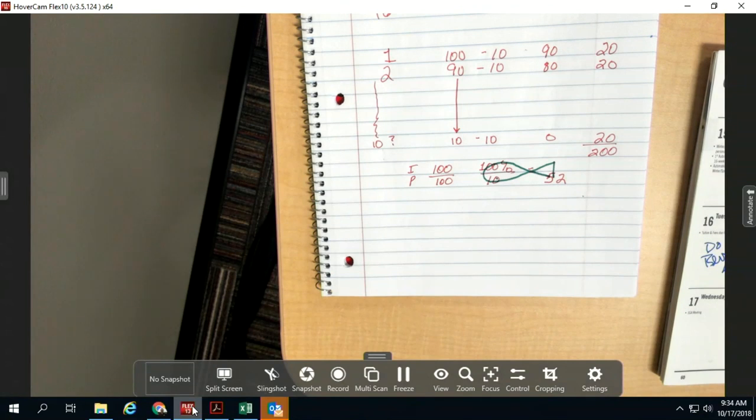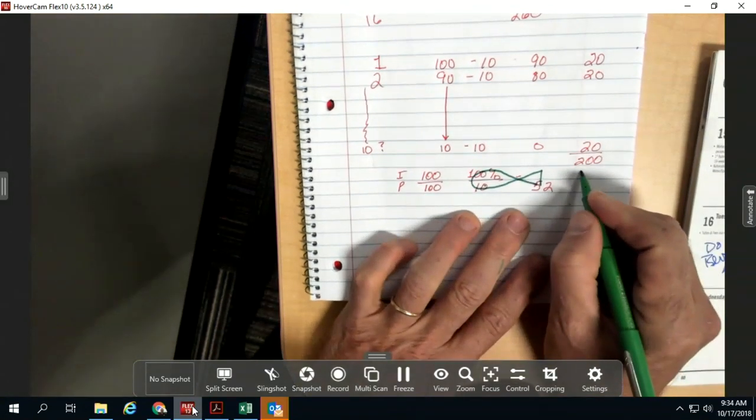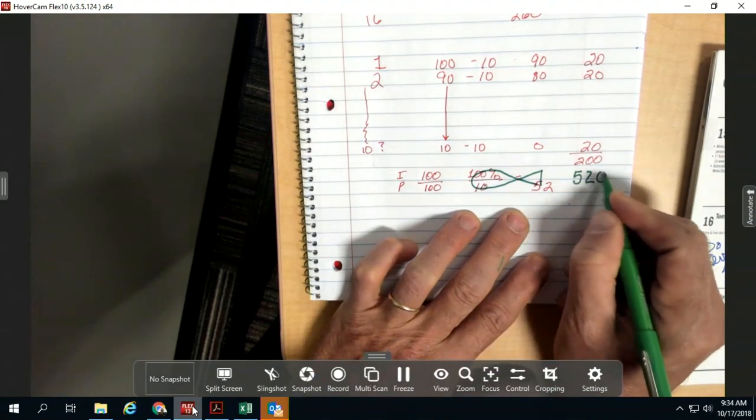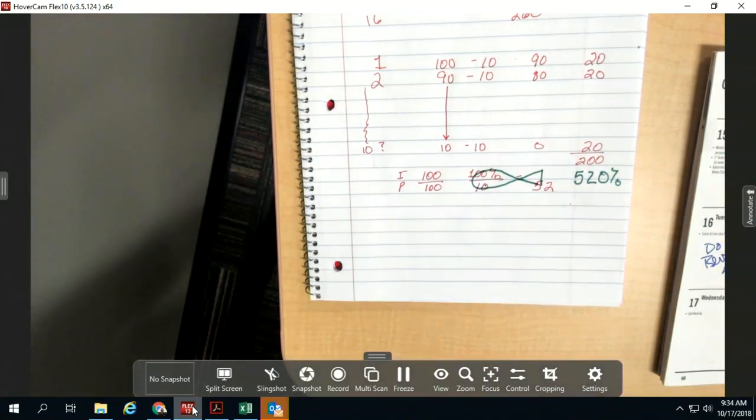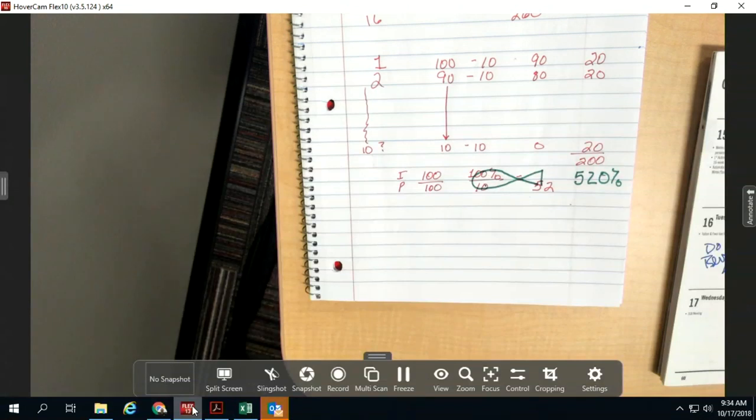Times 100 divided by 10. What do you get? 520% interest. So your friend is also charging you a lot of interest too, right?